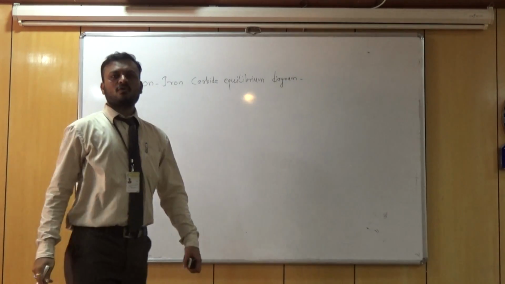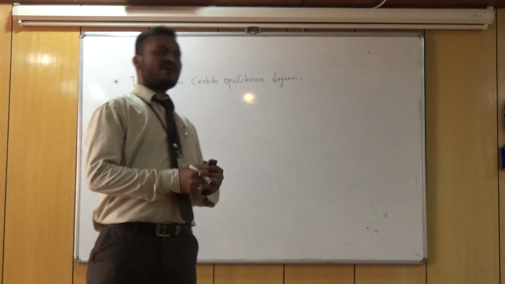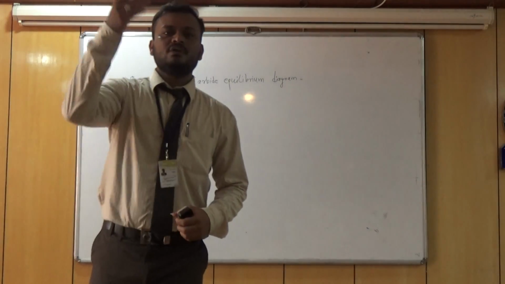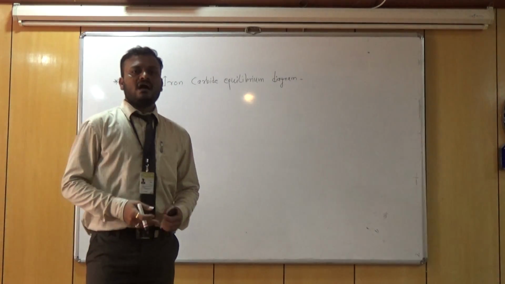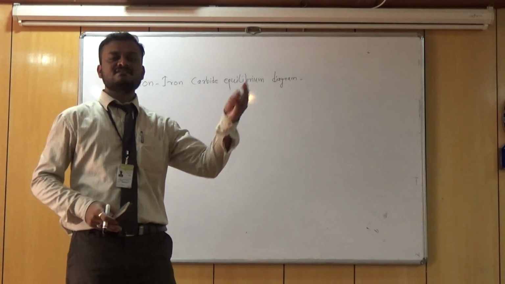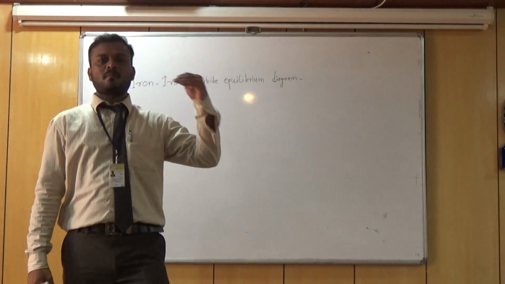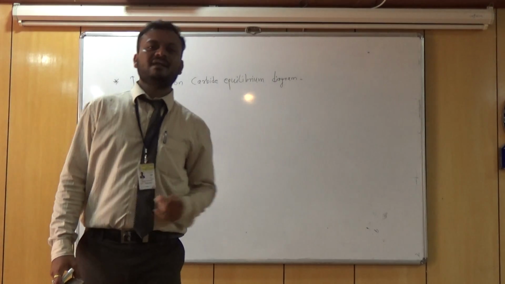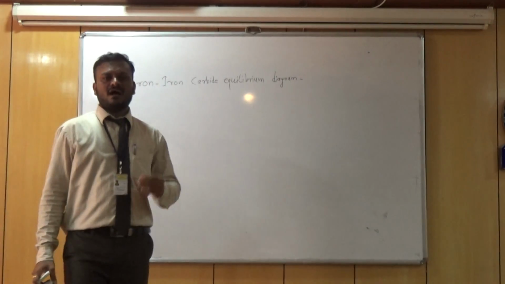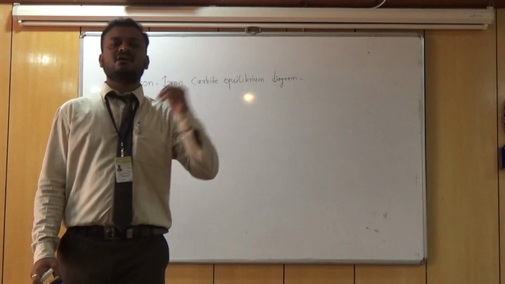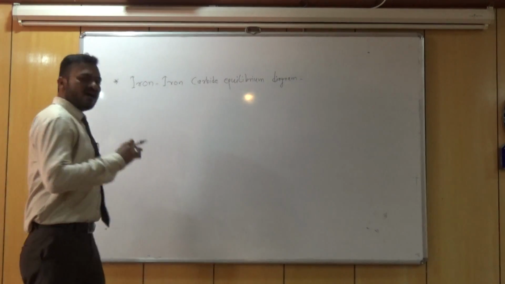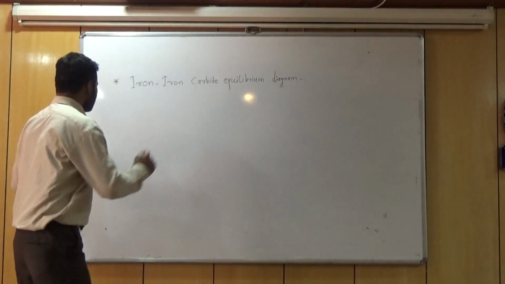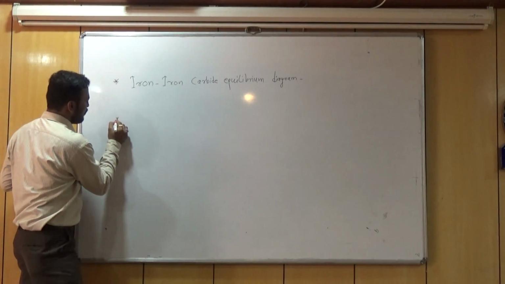Before going for the detailed description of the iron carbide equilibrium diagram, first we should be aware of the cooling curve of the iron, meaning what the different phases are and what their crystal structure is depending on the temperature. That will get explained in the cooling curve of the pure iron. After that we will see the allotropic forms of the iron. First we will start with the different allotropic forms of the iron.